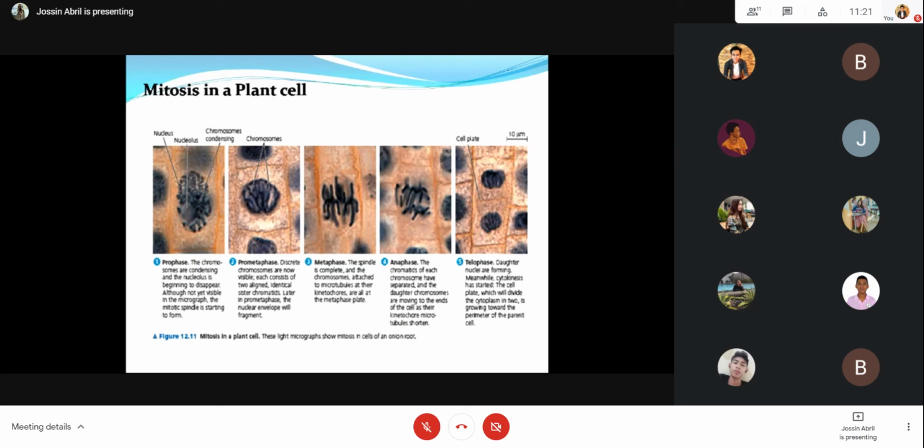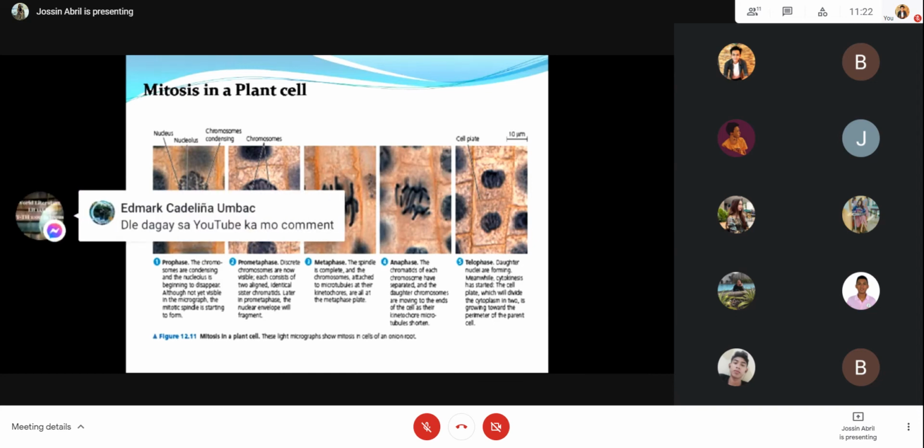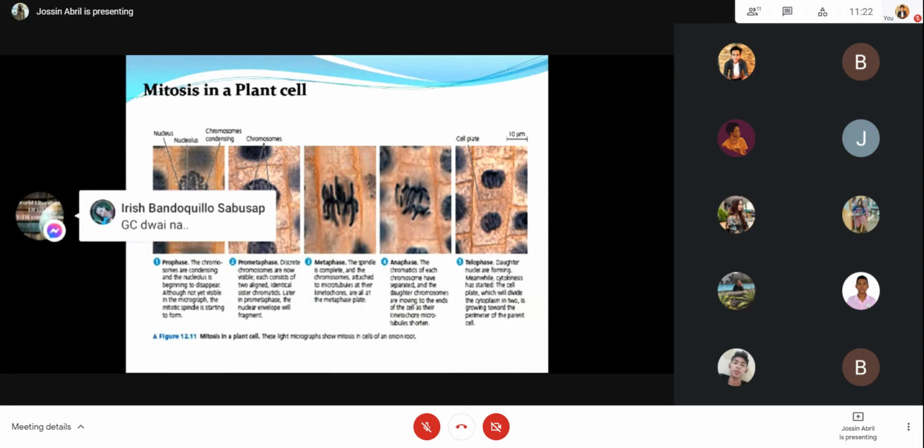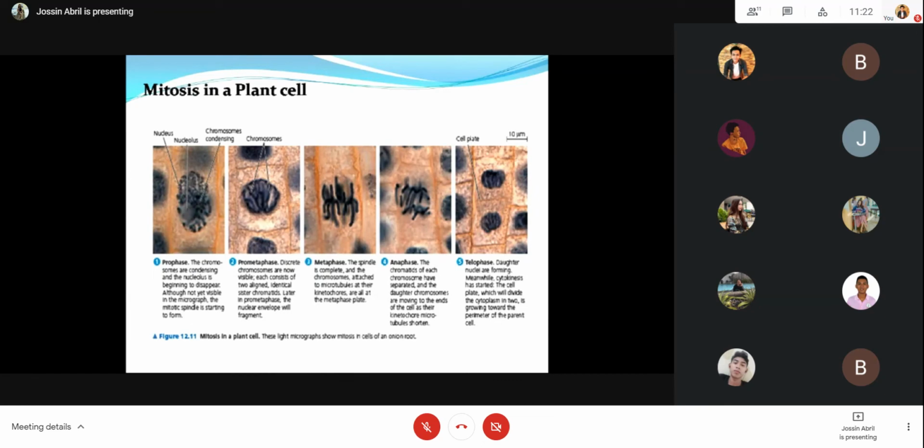In the second phase, the prometaphase, discrete chromosomes are now visible. Each consists of two aligned identical sister chromatids. Later in prometaphase, the nuclear envelope will become fragmented. In the third phase, the metaphase, the spindle is complete and the chromosomes are attached.